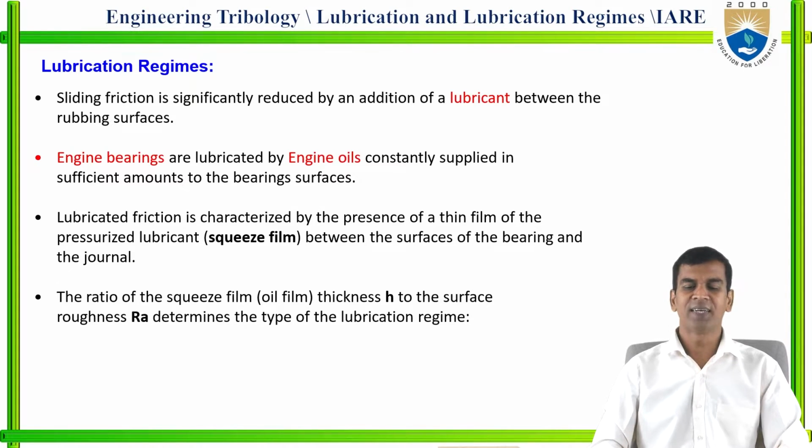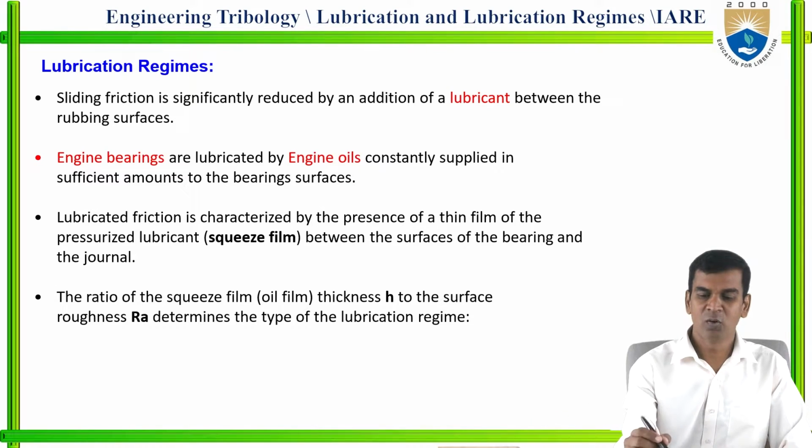Lubricated friction is characterized by the presence of a thin film of pressurized lubricant between the surface of the bearing and the journal. The ratio of the squeeze film, the oil film thickness, to the surface roughness determines the type of lubrication regime.